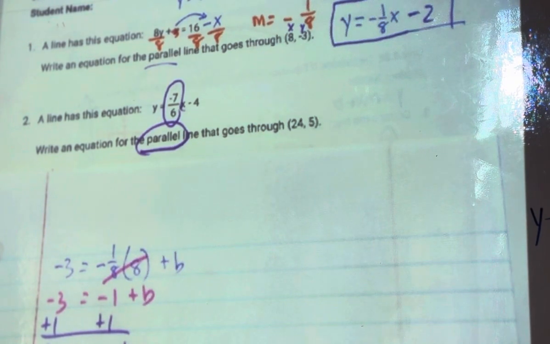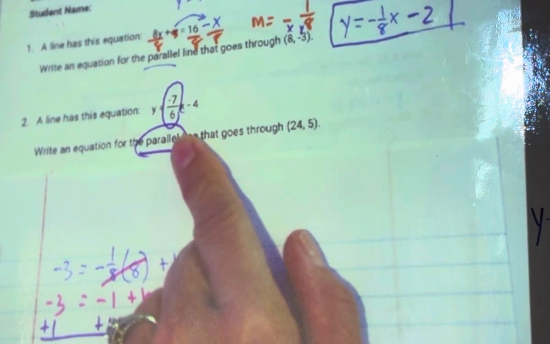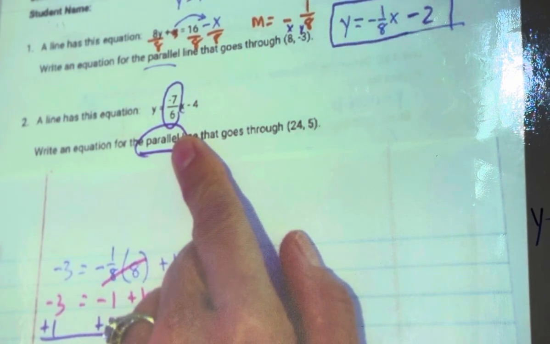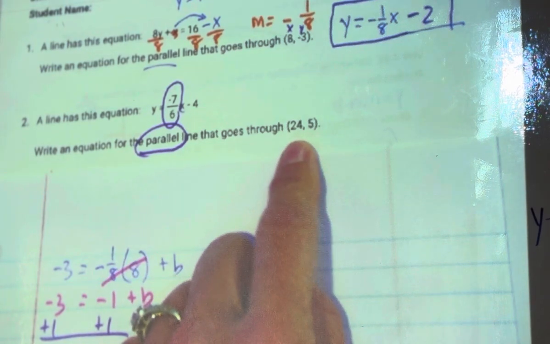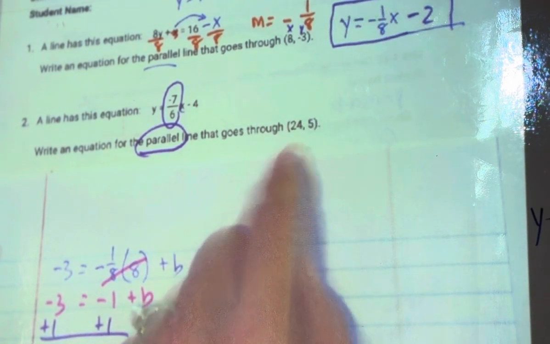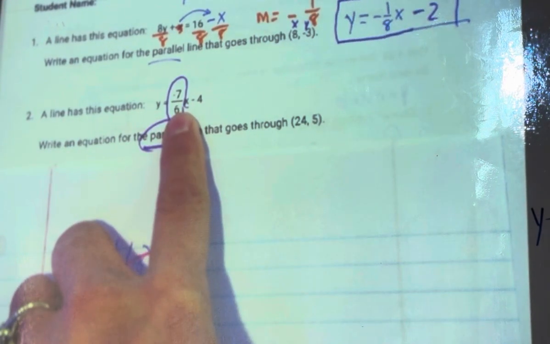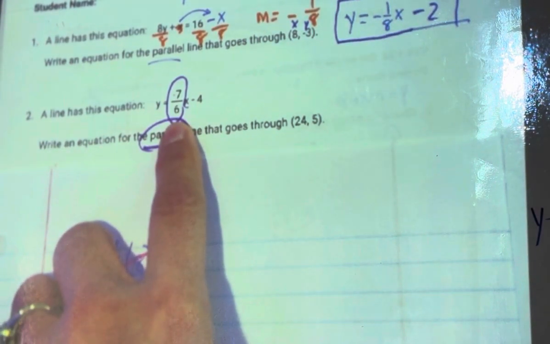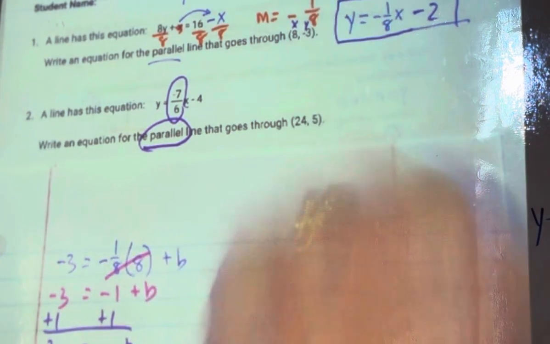One, you could graph this point on a piece of graph paper and then use the slope to go down 7/6 until you get to 0 when y equals 0. You could extend your table because the change of y would be going down 7 or up 7, and then the x would be change of 6, or use one of the 2 equations.